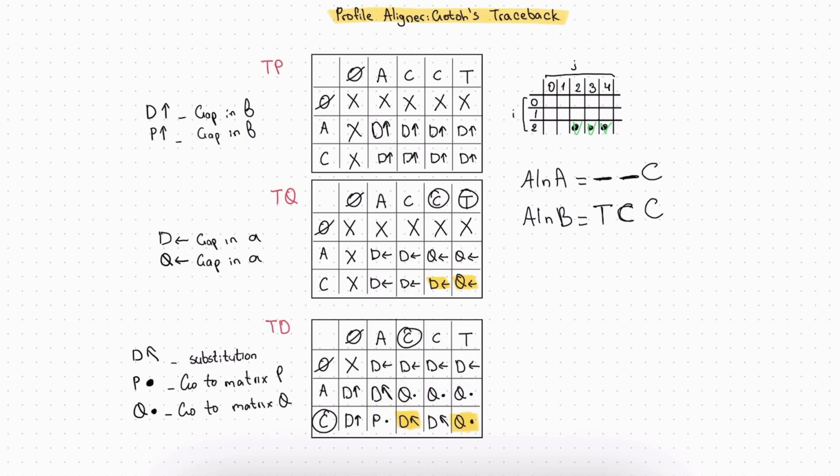So we will be looking at I equals 1 and J equals 1 in matrix D, because this is taking the values from within the matrix. As highlighted, we are looking at this cell at I equals 1 and J equals 1, and again this contains the information that there was no gap.